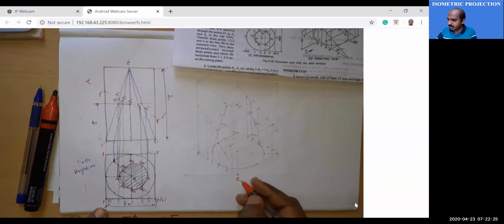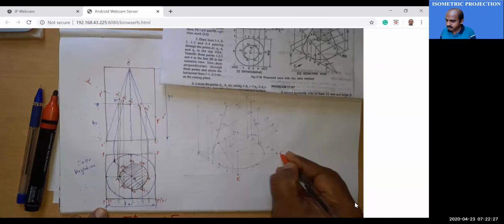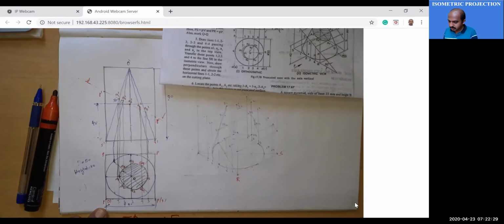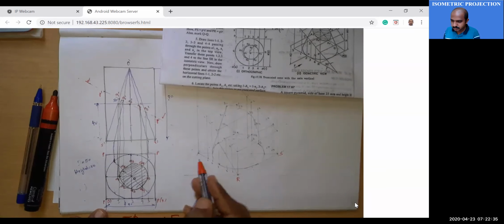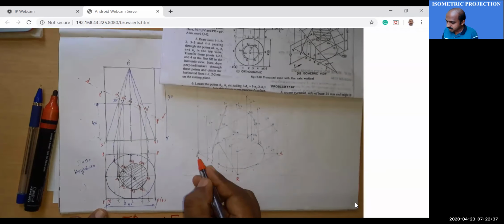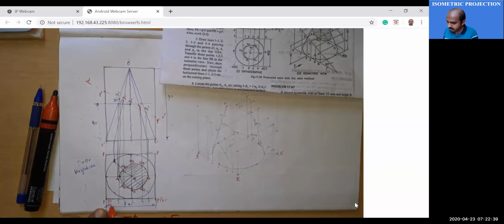So this is R, and this is your S. Now you transfer each point from R. Suppose this is also your S. SR is like this, we are keeping it like this.